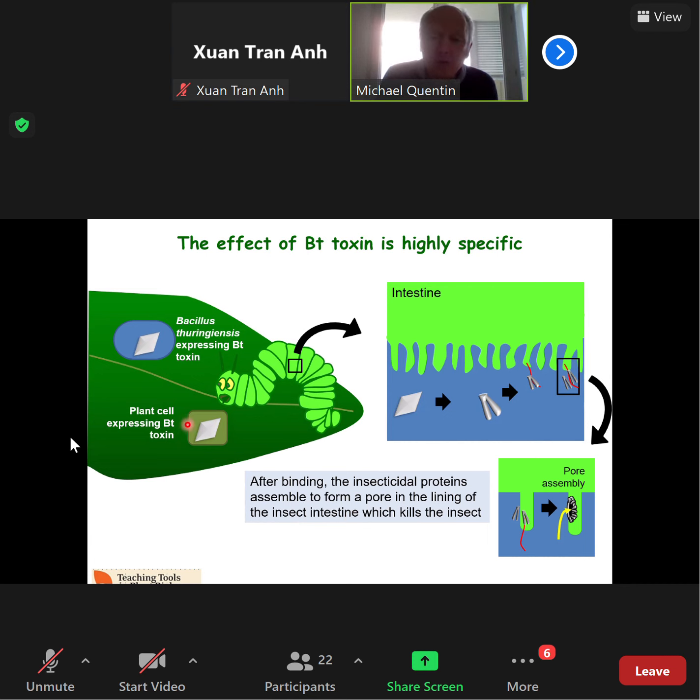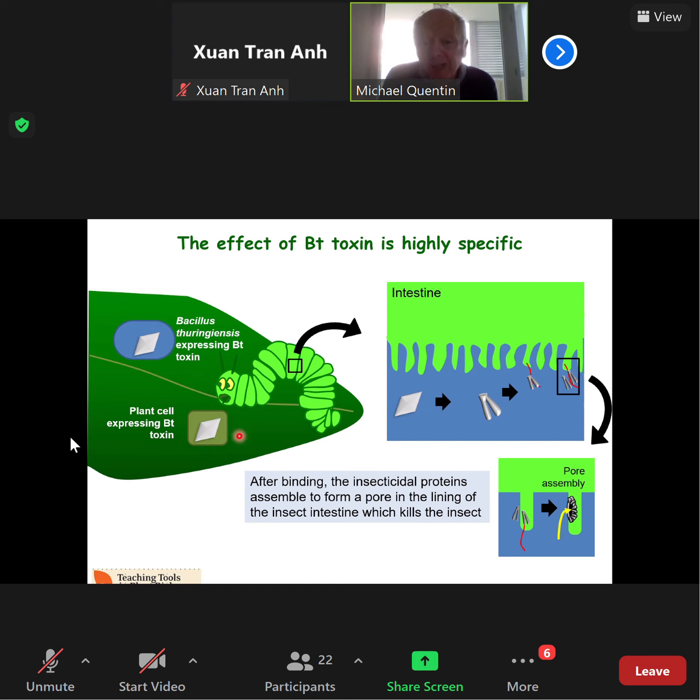So because it's based on a specific recognition of the product of the degradation of the toxin by a specific receptor that you can see here in red at the intestine surface. It's a system which is highly specific.